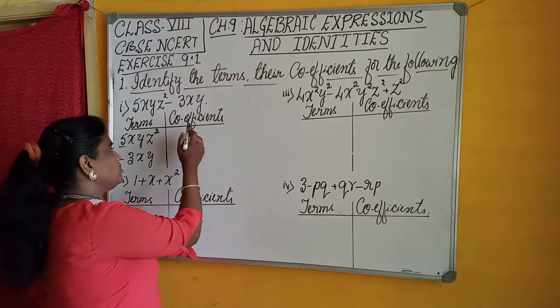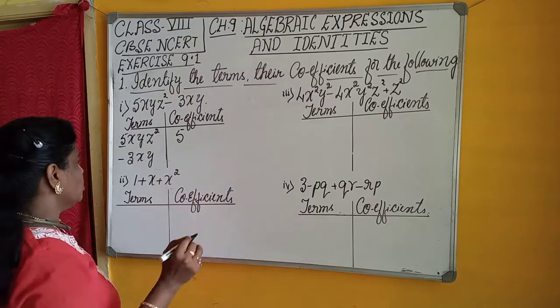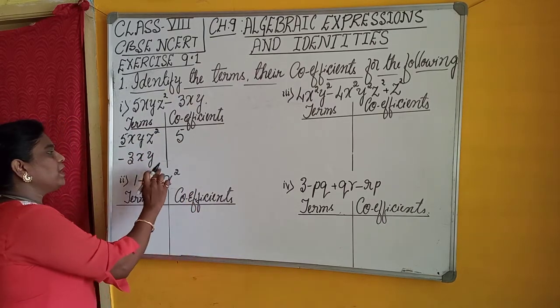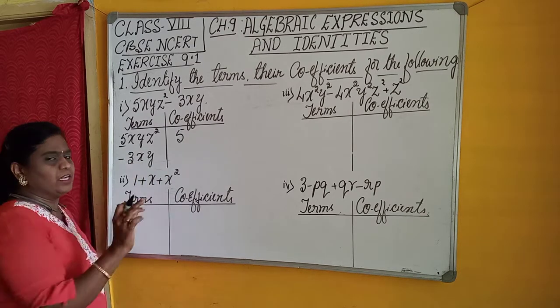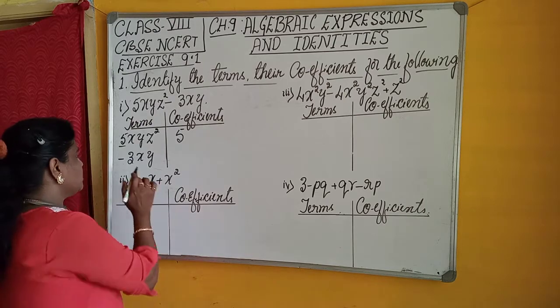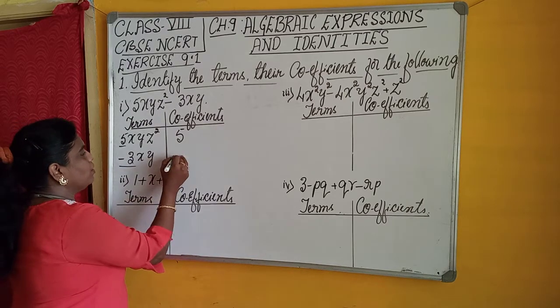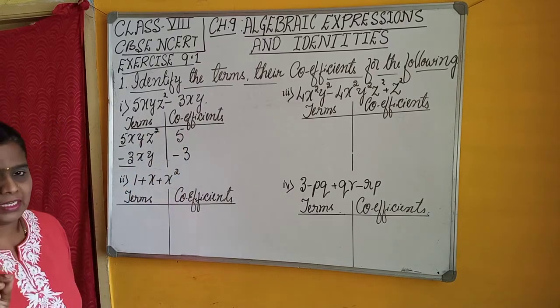Under coefficients, we have to write 5. Understood? Here, this is another algebraic term. In this, the numerical coefficient or constant present in that algebraic term is minus 3. You have to write minus 3 under coefficients.